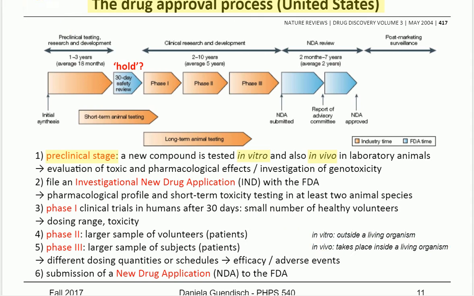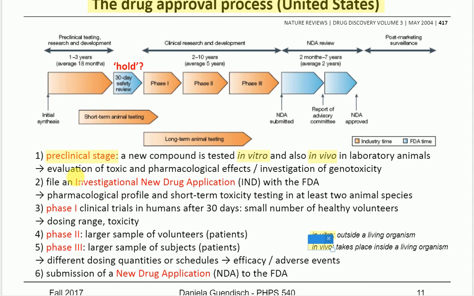Just going to highlight this real quick. It's very helpful. So the preclinical stage is when a new compound is tested in vitro and also in vivo in laboratory animals for the evaluation of toxic and pharmacological effects and the investigation of genotoxicity.